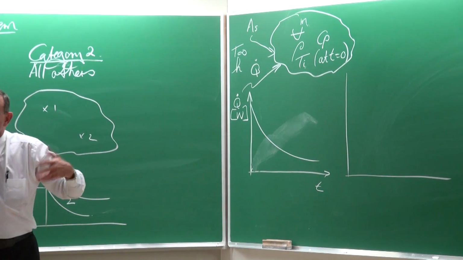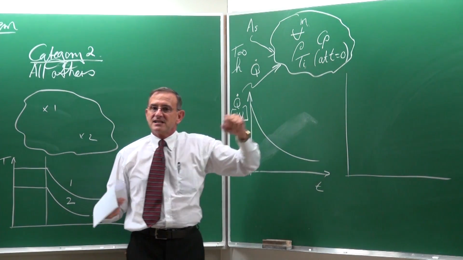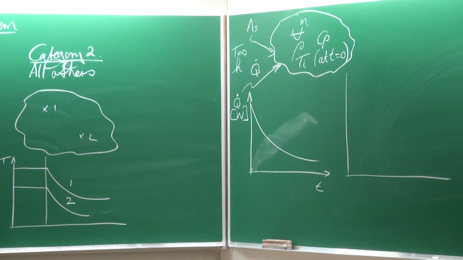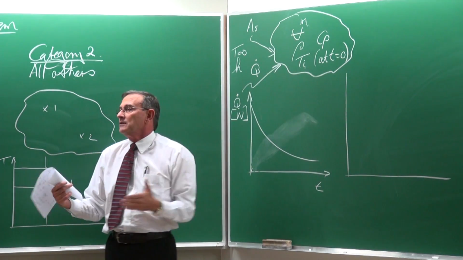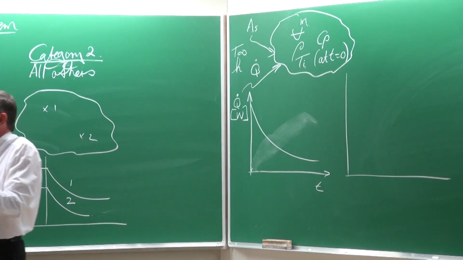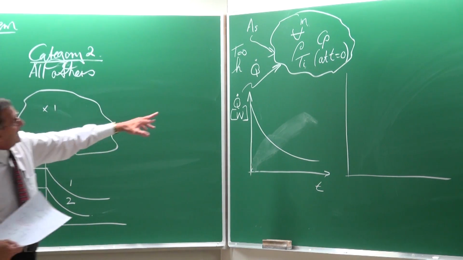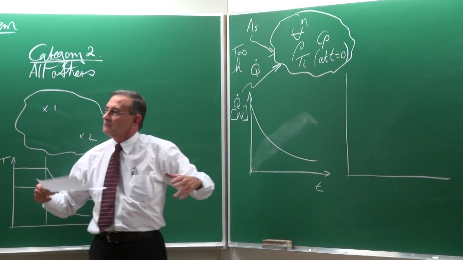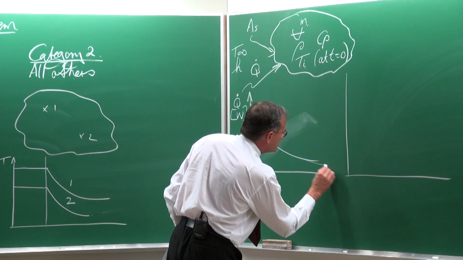Let's suppose this is 100 degrees Celsius and that is 0. So at t equals 0, the temperature difference is 100, so lots of heat can go in. But as the heat goes in, this temperature will rise to 99, etc. So the delta T becomes smaller and smaller, and therefore the heat transfer rate would be very large in the beginning, and it would then go lower and lower until, as a matter of fact, it goes to 0.